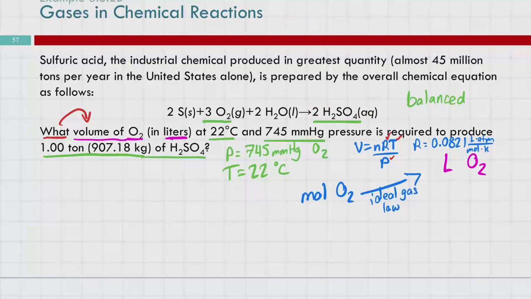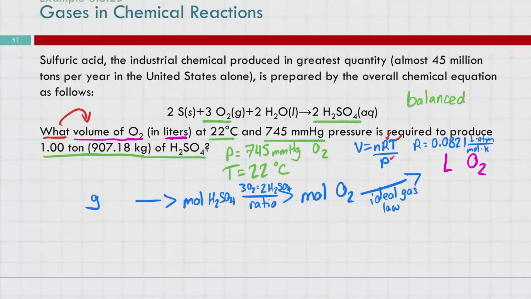That's our stoichiometry step. So if we have moles of H2SO4, we can use our 3 O2 equals 2 H2SO4 ratio to get the moles of O2. And we can get to moles of H2SO4 because we've got kilograms, we've got a mass of H2SO4.